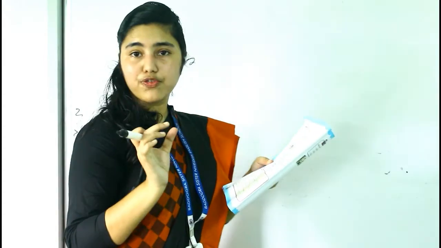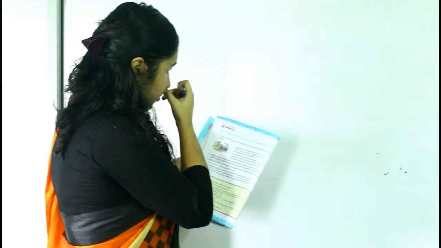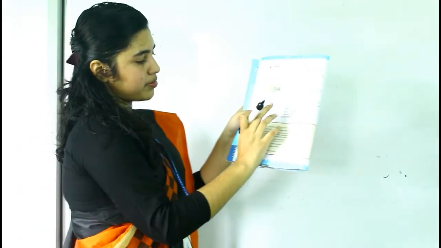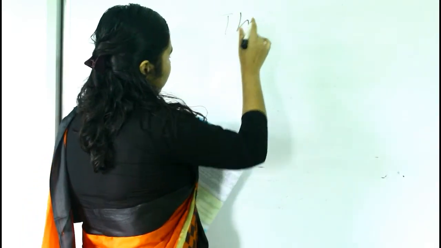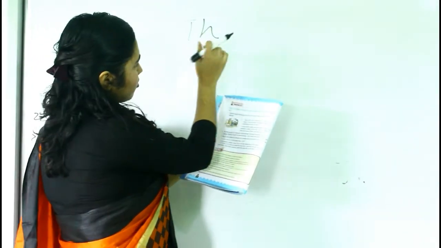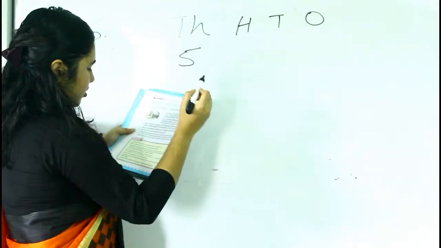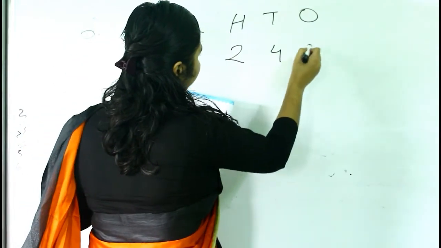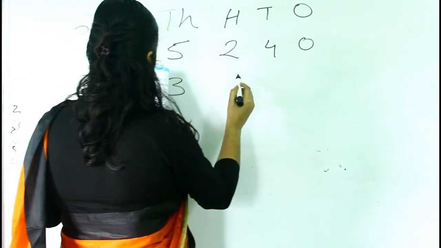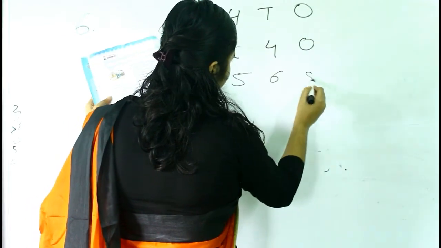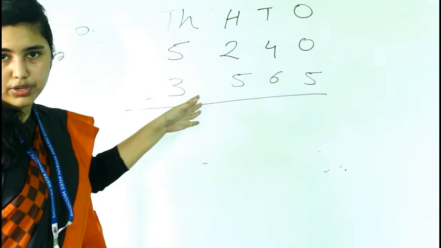That means we have to find the difference between these two numbers. So take the bigger number first, 5240, up to thousands place. And next our smaller number 3565.